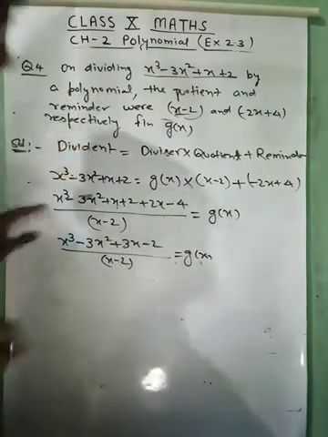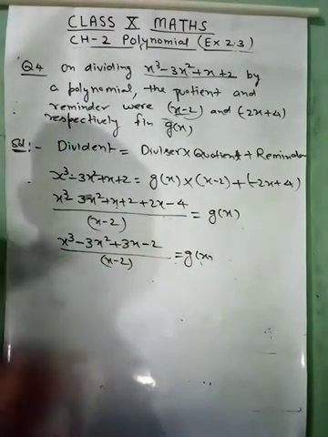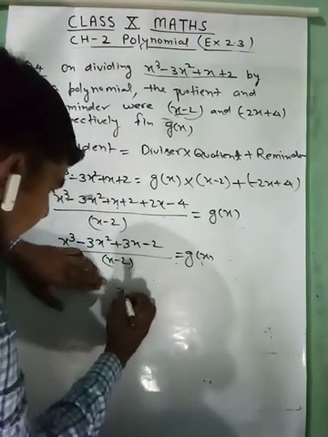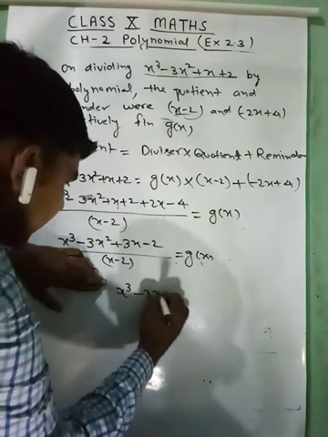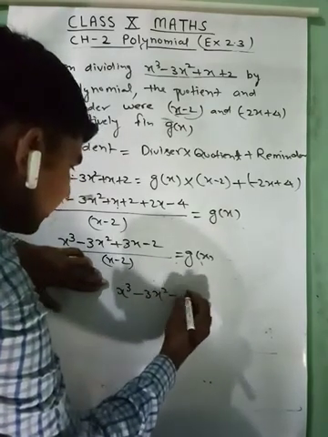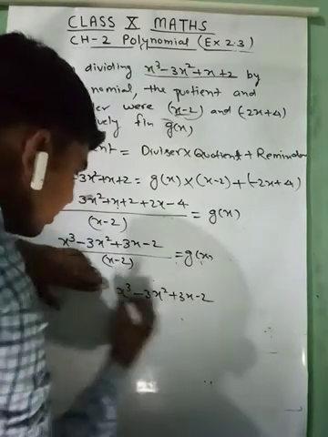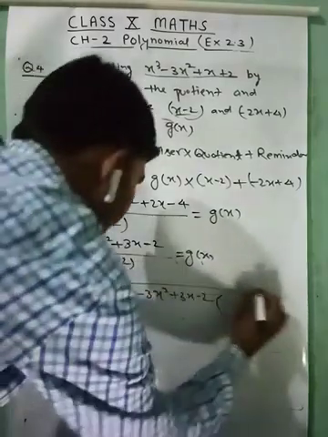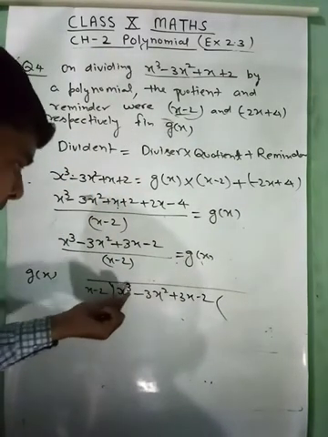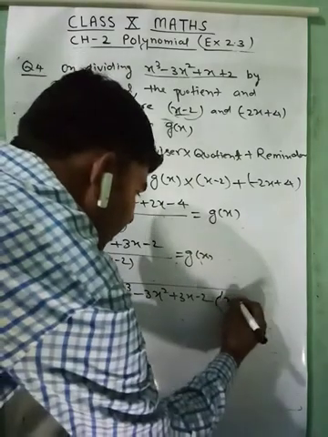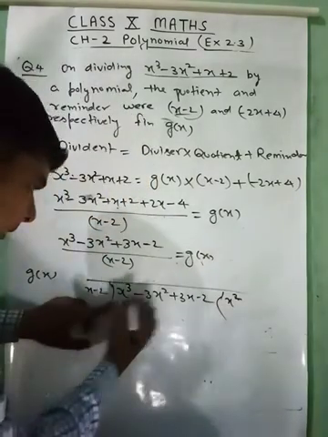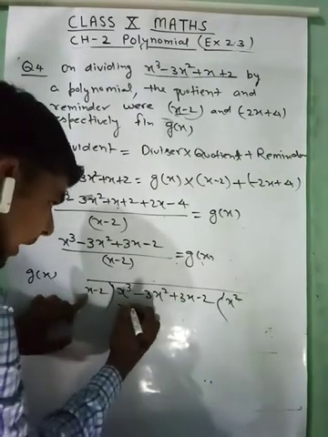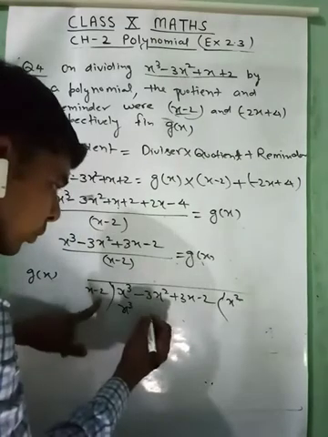Now you have to find the value of g(x) using the long division method. You have to divide x cube minus 3x square plus 3x minus 2 by x minus 2. To remove x cube, take x square here. When x square is multiplied with x minus 2, it will be x cube minus 2x square.